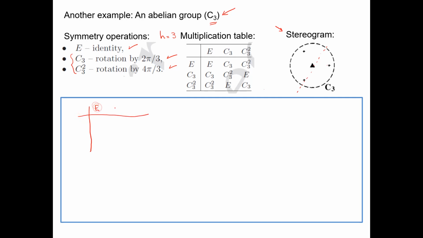So the 3 classes are identity, C3, and C3 squared. And because of that, you have 3 IREPs, 3 irreducible representations that I can call gamma 1, gamma 2, and gamma 3.